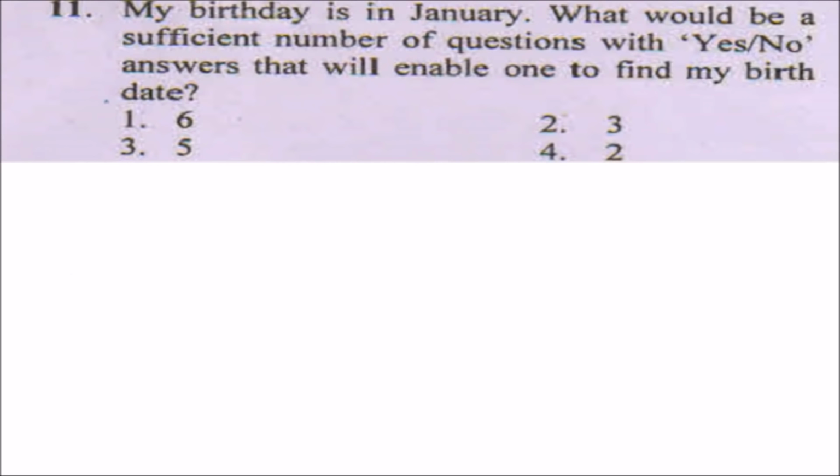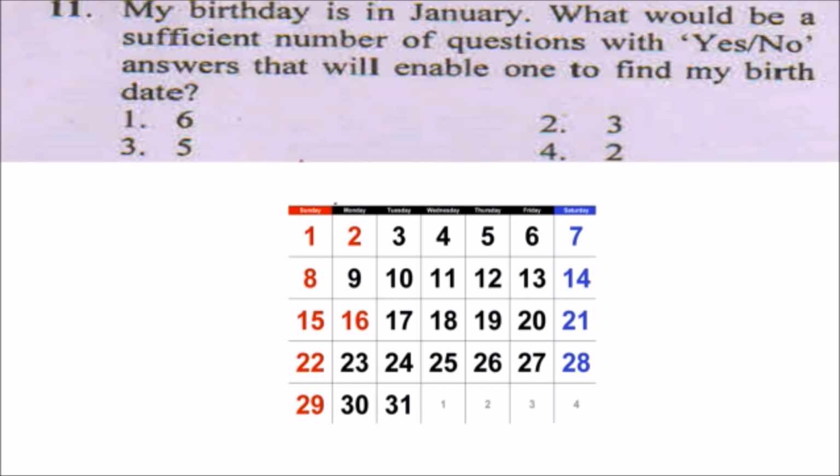Next question is: my birthday is in January. What is a sufficient number of questions with yes or no answers that will enable one to find my birth date? So if you ask certain questions, then you should apply some trick. In fact, you can take your own birthday and try these questions.